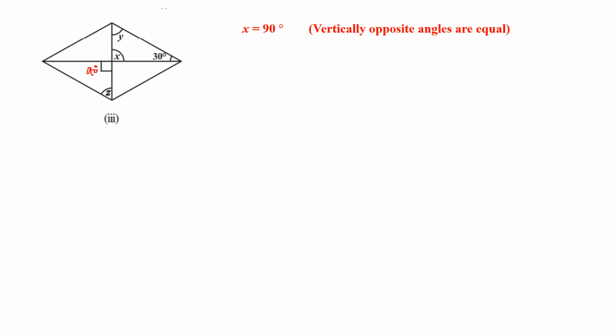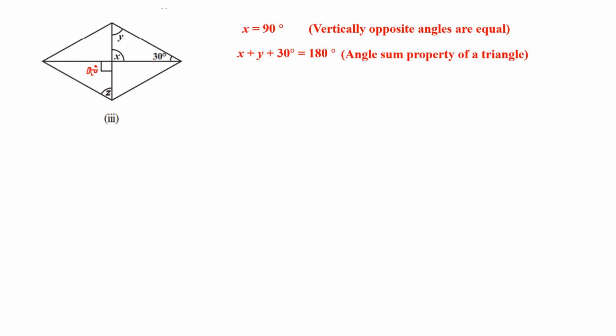Now once you get the value of x as 90 degree, you take this triangle, okay, where x plus y plus 30 degree will be equal to 180 degree. Why? Because in a triangle, the sum of the three angles will be 180 degree, right? This is the angle sum property of a triangle. Now we already know x is 90 degree. So I'm going to put the value of x as 90 degree here, and calculate the value of y.